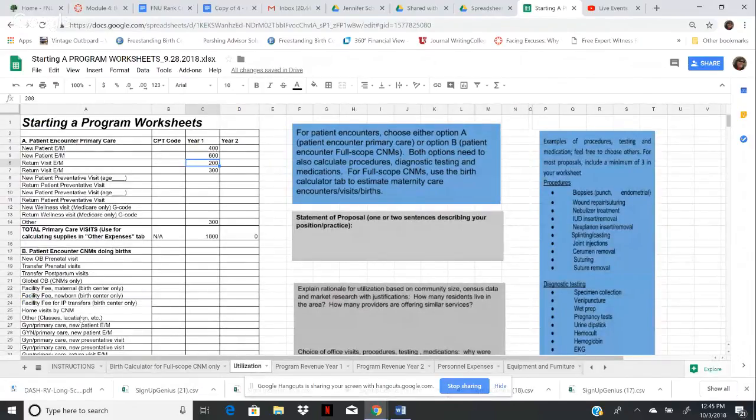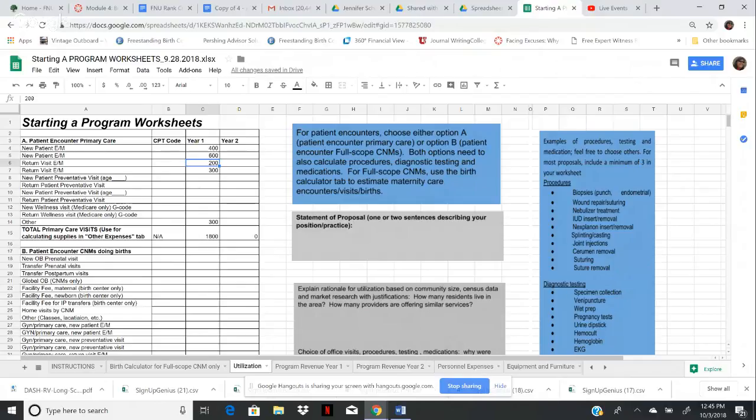So you'll see that there's different sections here, Section A and Section B. Section B is for the full scope nurse midwives and midwifery students. And then Section A is for all other NPs. So for the purposes of this demonstration, we're going to use this top section, all right? So these will be all your different kinds of visit types.